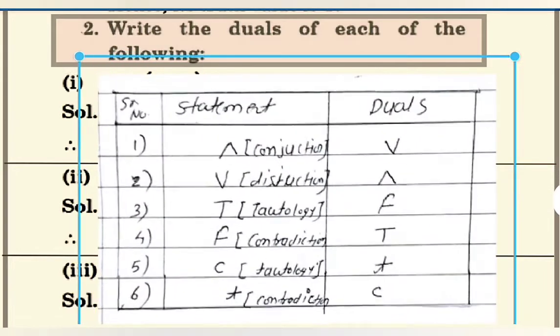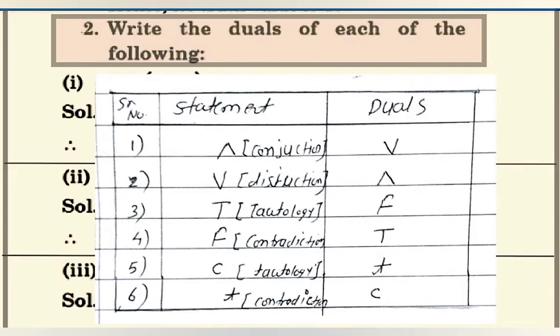Remember this table: if in the given statement this symbol, and, means conjunction, then its dual is written as or. And when the given statement has disjunction, then change or replace it by and.